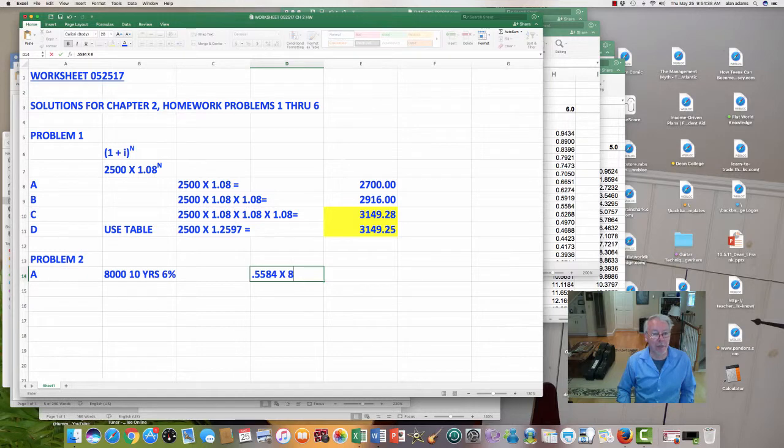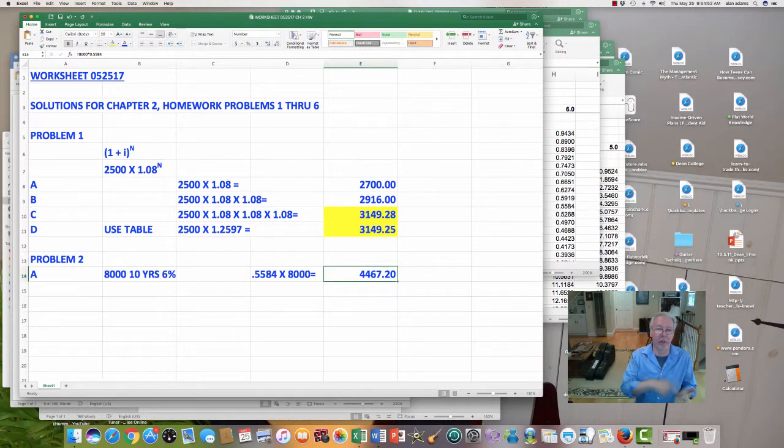I'm going to multiply it by $8,000, and I'm going to get 4,467.20. That is how much I invest today. That will grow to $8,000 if I lock in 6% per year and compound it for 10 years. So that is my first answer.